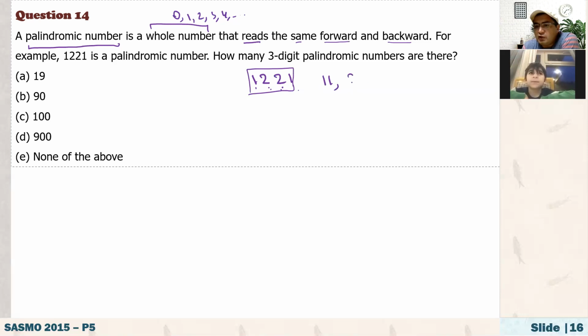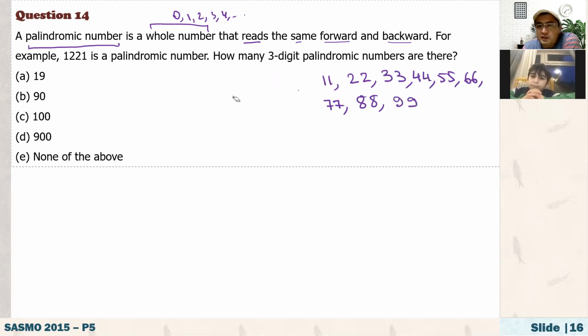The second palindromic number is 22, and 33, 44, 55, 66, 77, 88, 99. These are 2-digit palindromic numbers.